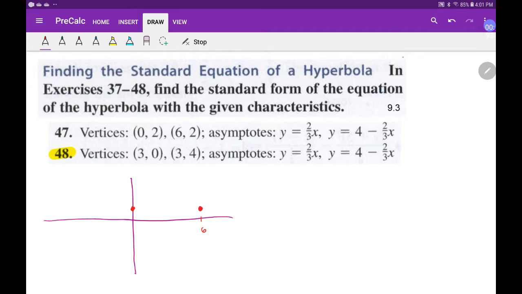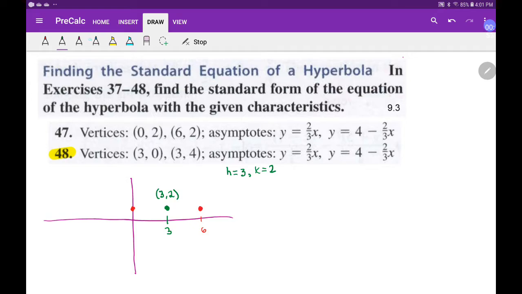Okay, so based on that, I would say that the center is about right there at (3, 2). So if my center is (3, 2), then h is equal to 3, and k is equal to 2.